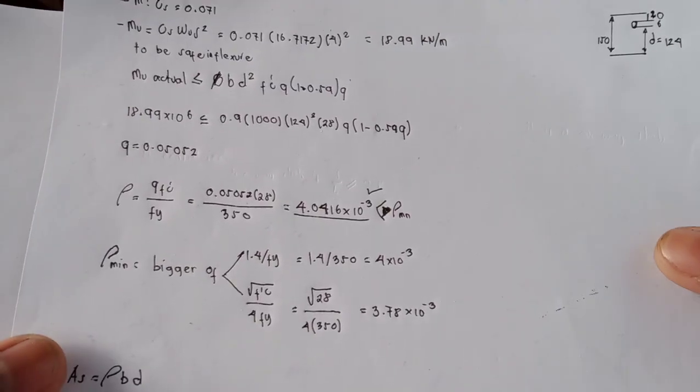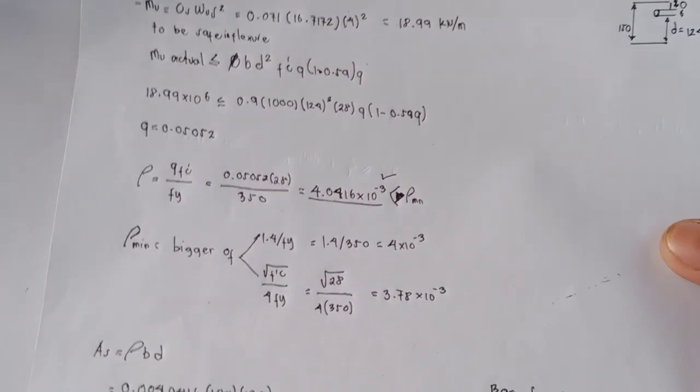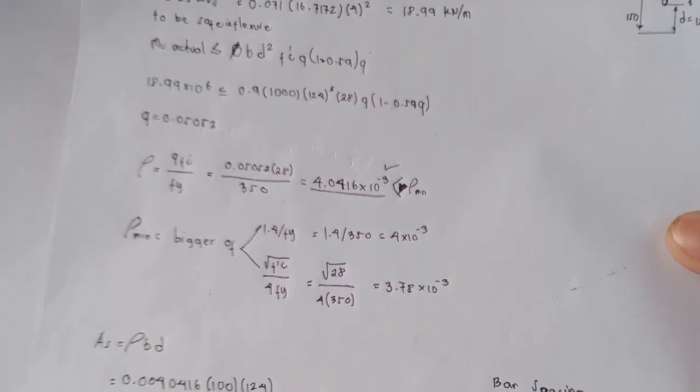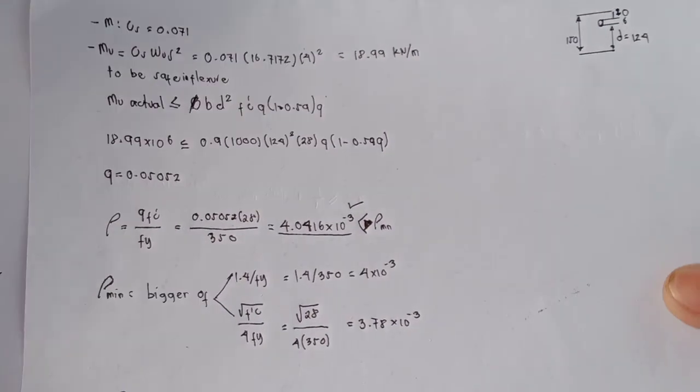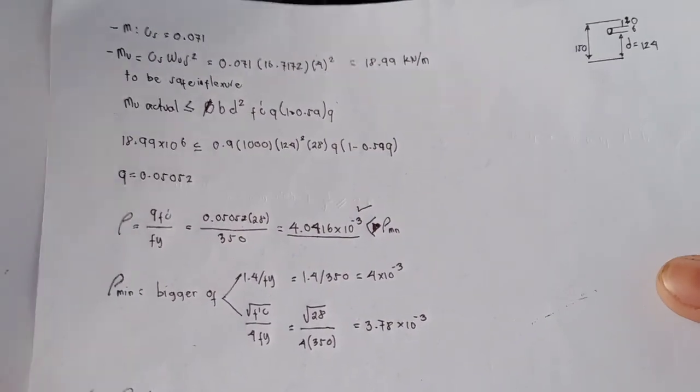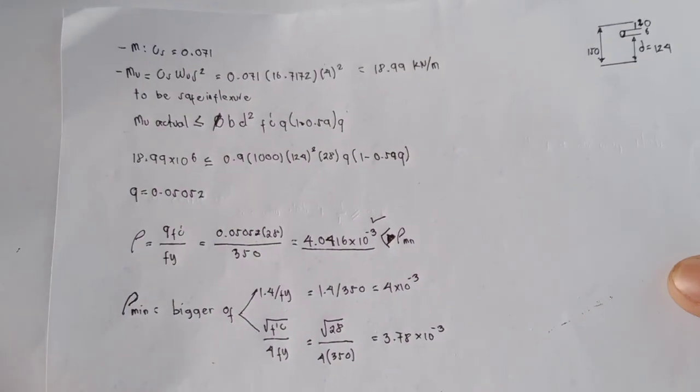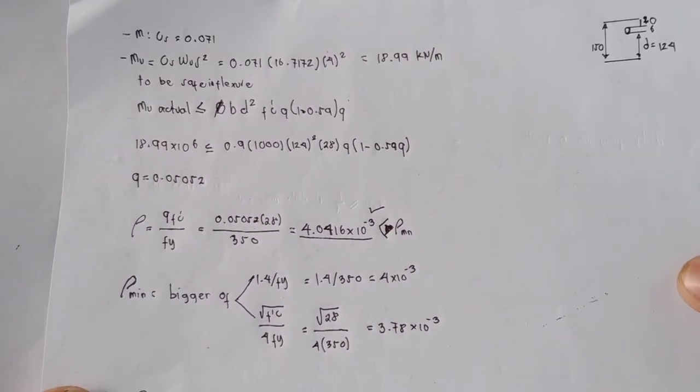So we can solve our rho. So our rho is Q fc prime over fy.